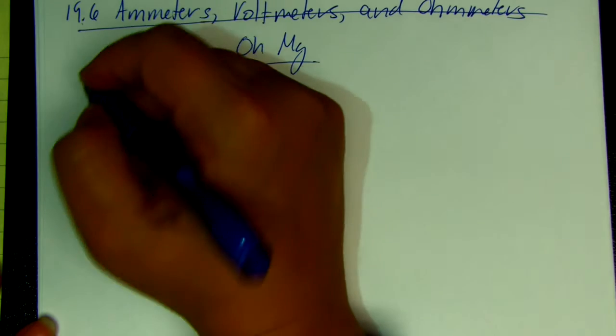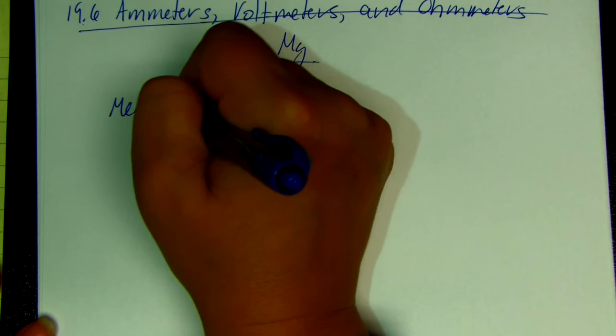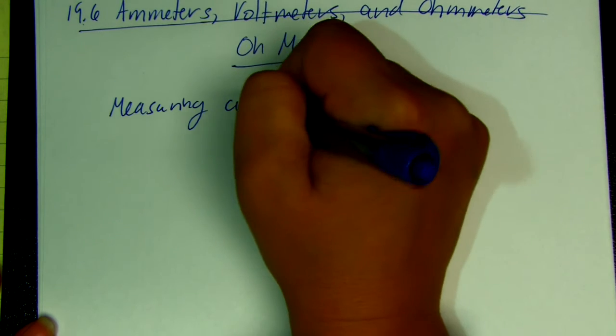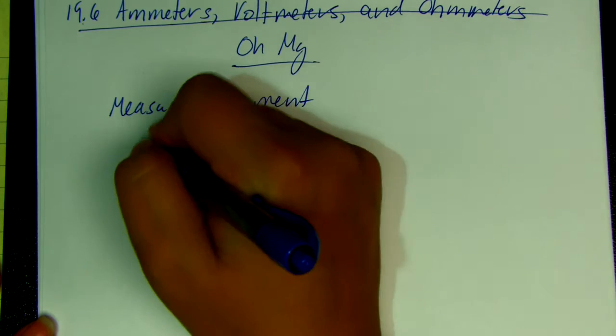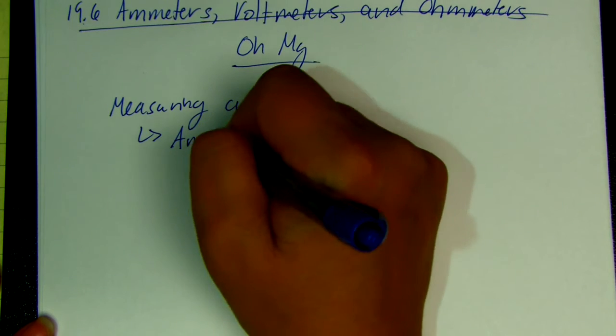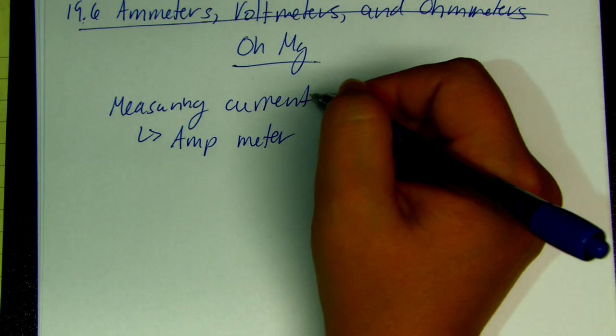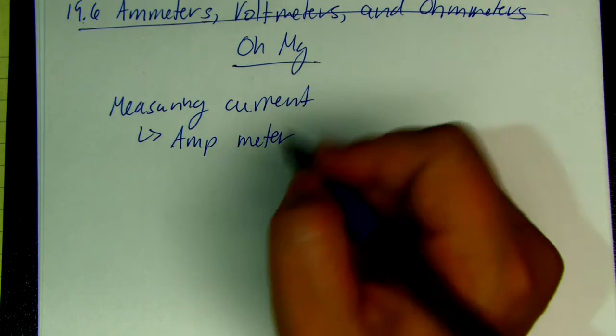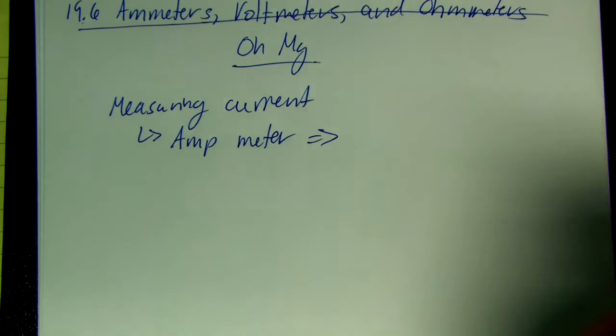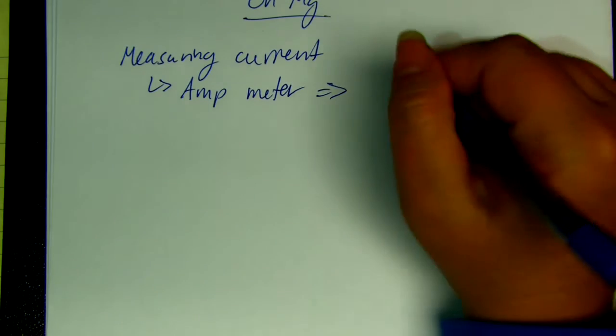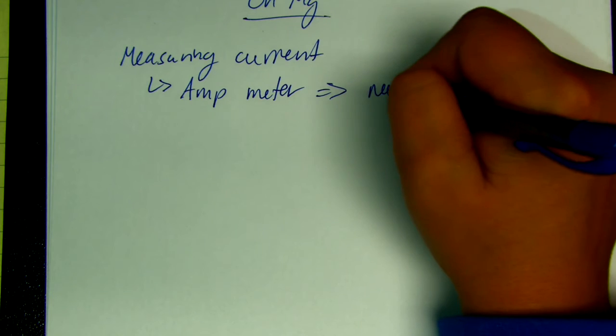All right, so when you're measuring current, you're going to need an ammeter. And essentially, this is going to need to be a part of your circuit.